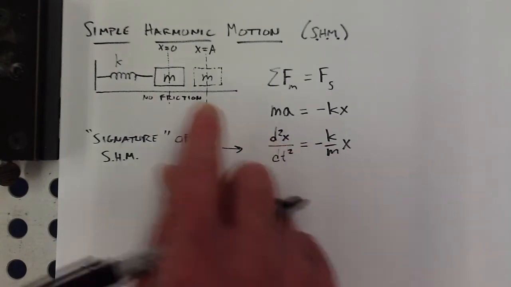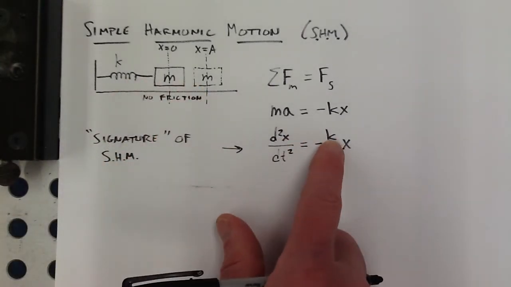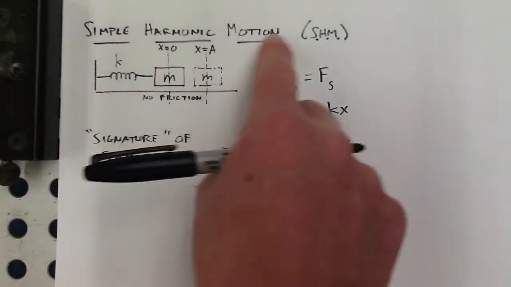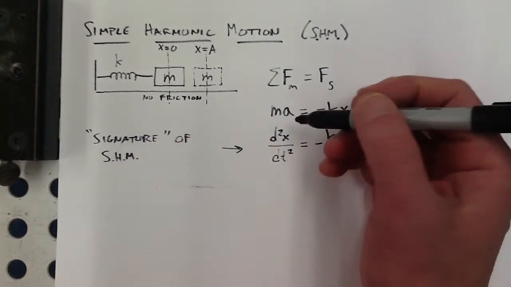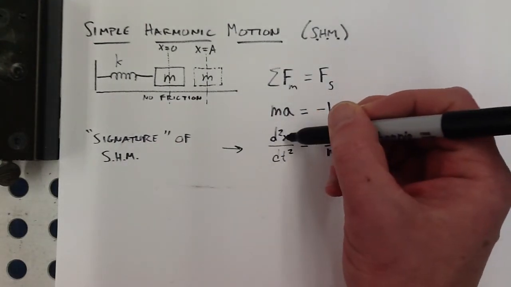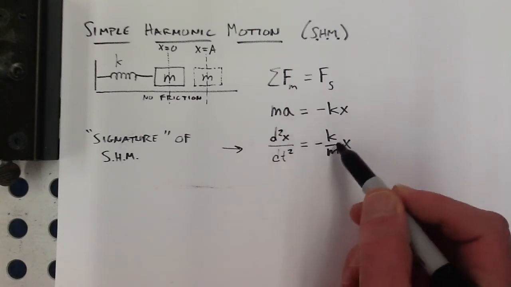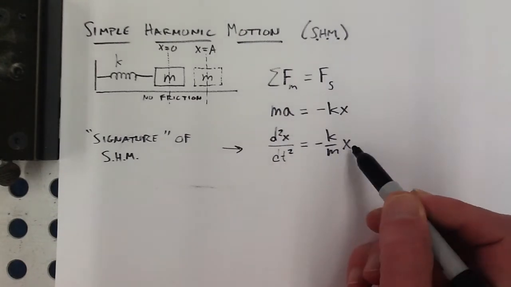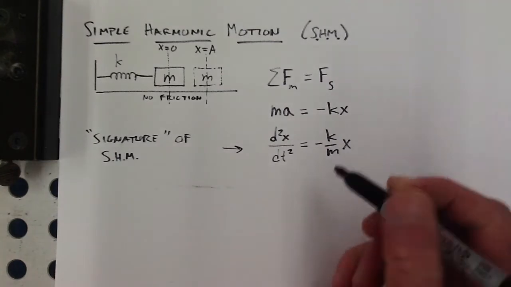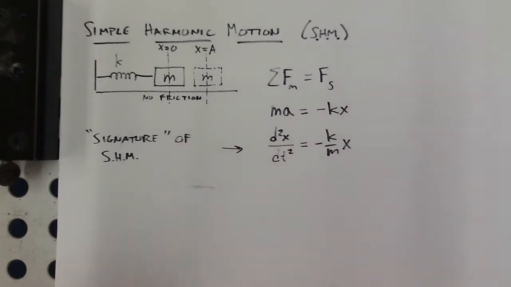This doesn't have to be a mass on a spring, it doesn't have to have a spring constant, but for it to be simple harmonic motion, this has to be true, that the second derivative of position has to be directly proportional to the opposite of position itself. And, you know, there can be some constant of proportionality here, of course.